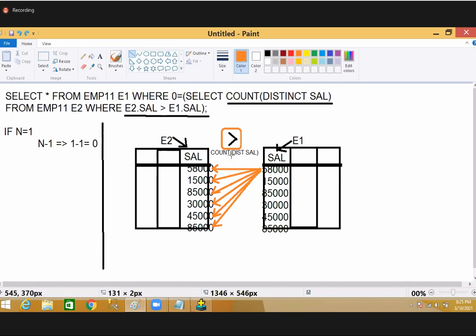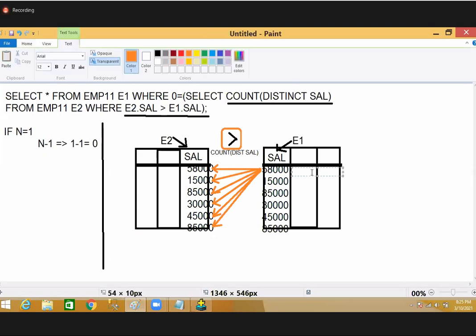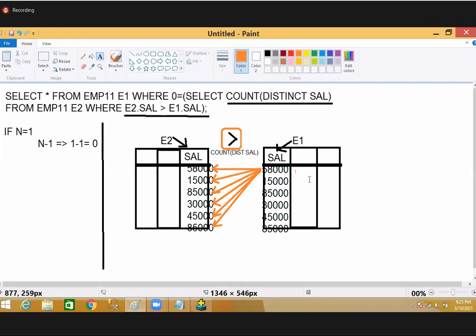So the count is one, because by the count function only one salary was there which is above 58,000.